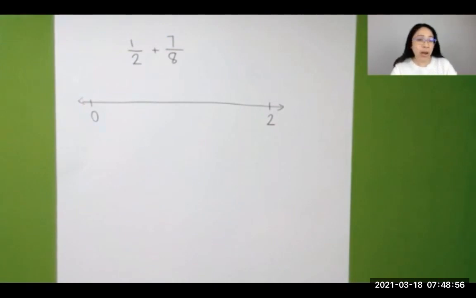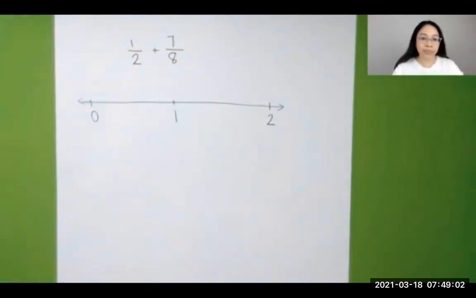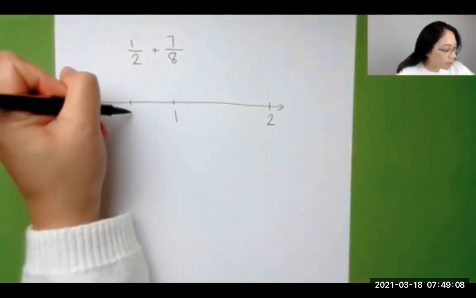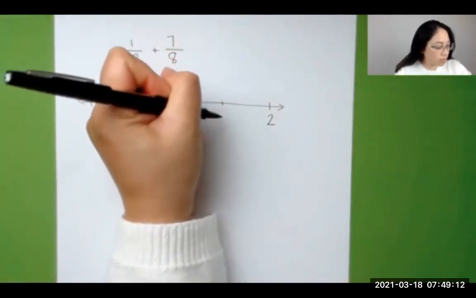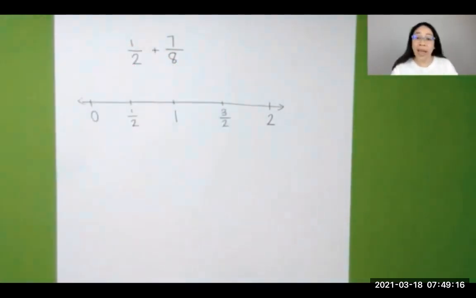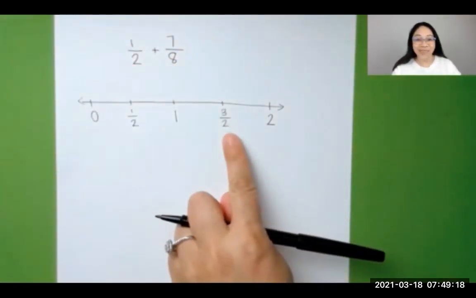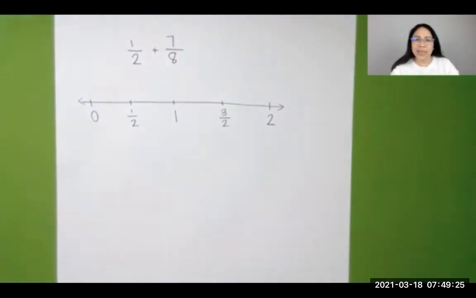Next, let's label our halves. We'll start by labeling 1. Then we have 1/2 here and 3/2 or 1.5 here. Next, we're going to label eighths. Let's think.